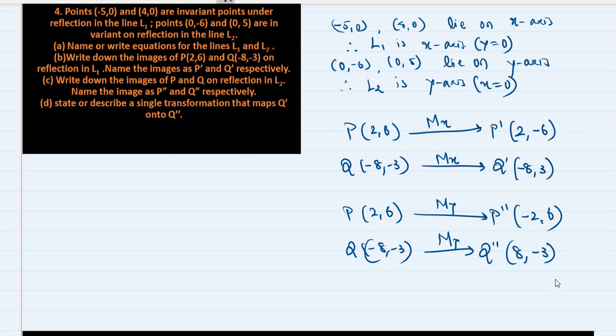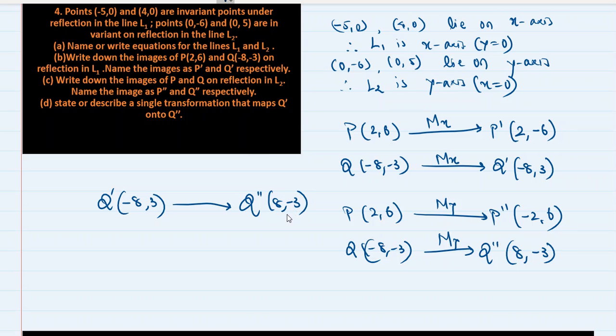State or describe a single transformation that maps Q dash onto Q double dash. Okay, so Q dash is (-8, 3) and Q double dash is (8, -3). How can we convert (-8, 3) into (8, -3)?